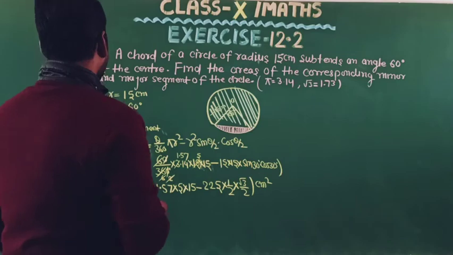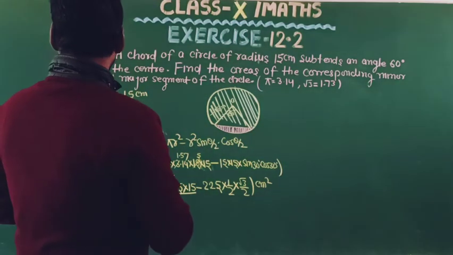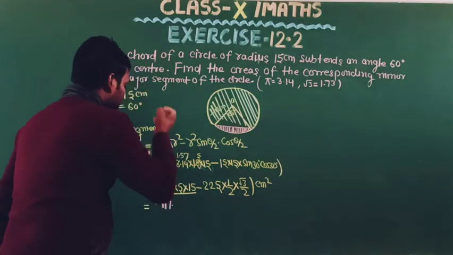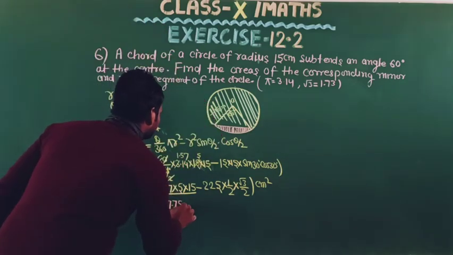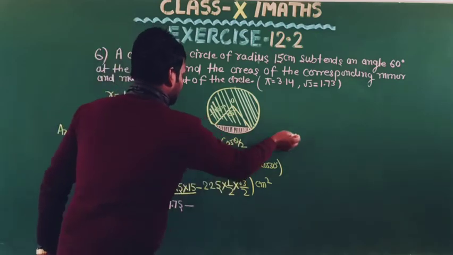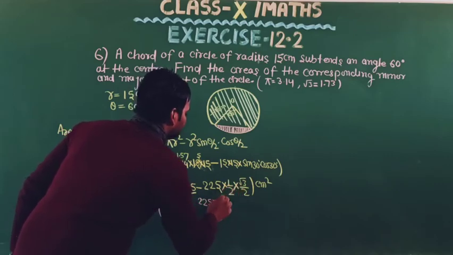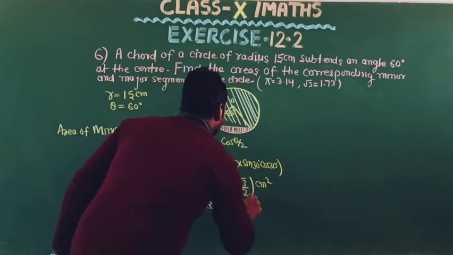So we will get the total value of this quantity, that is 117.75, minus 225 into the value of root 3, 1.73, divided by 4 centimeter square.